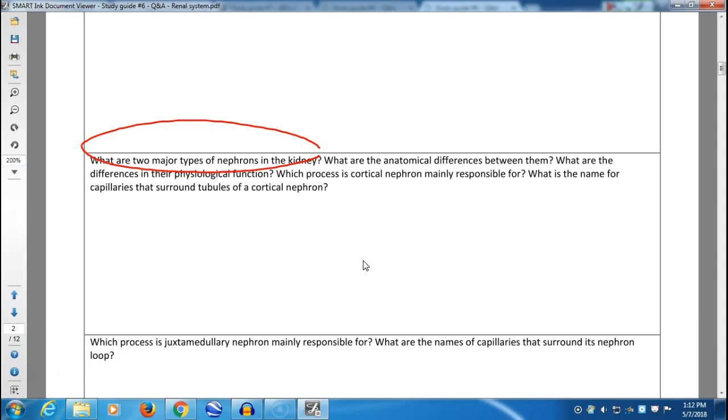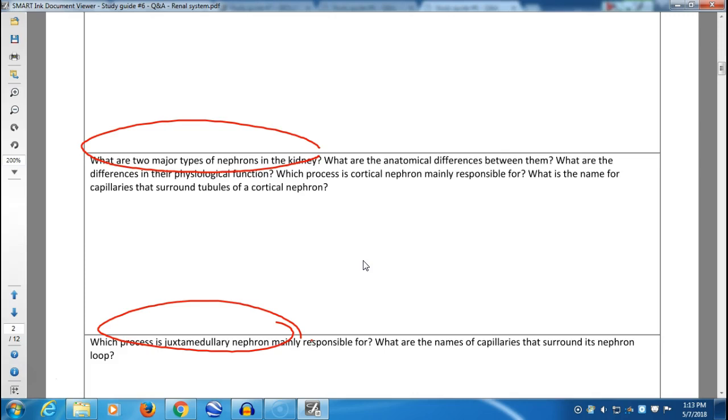Second type is juxtamedullary nephron, in which the nephron loop is located, pretty much the entire thing is in the medulla, and the system of capillaries that surround the nephron loop of juxtamedullary nephron is vasa recta. Nephron loop of juxtamedullary nephron serves as the countercurrent multiplier.